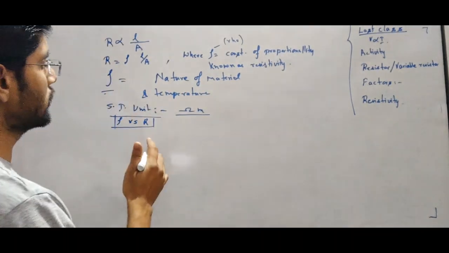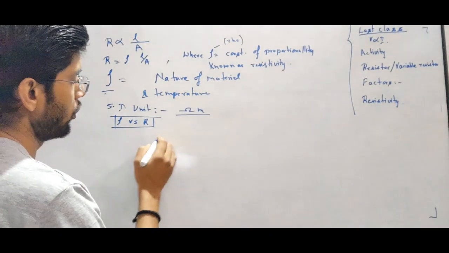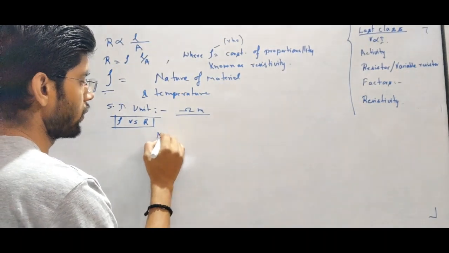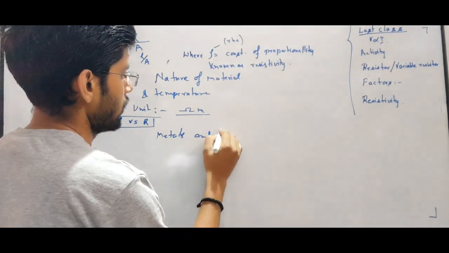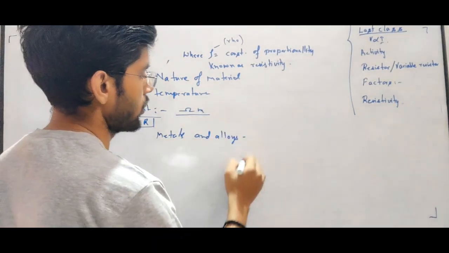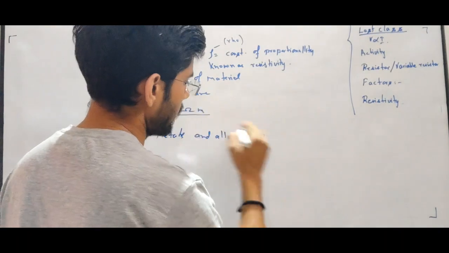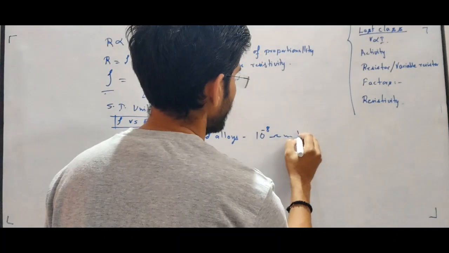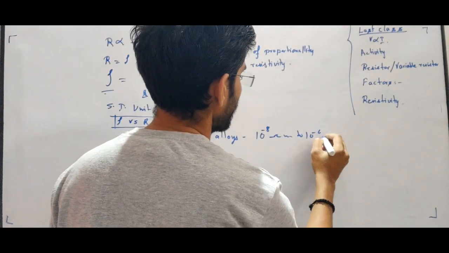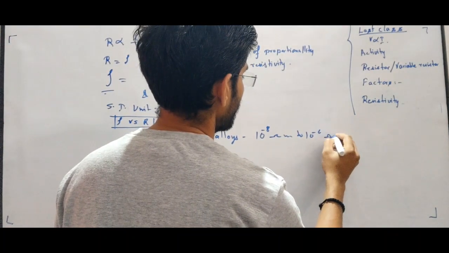Generally metals or alloys have low resistivity, okay. Metals and alloys have low resistivity, that is in the range of 10 to the power minus 8 ohm meter to 10 to the power minus 6 ohm meter.